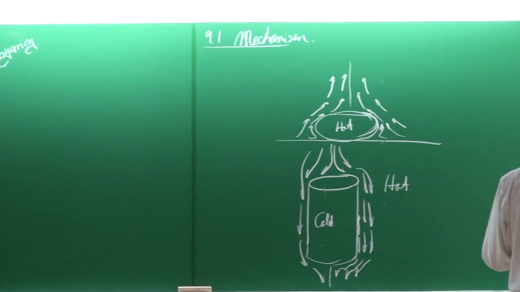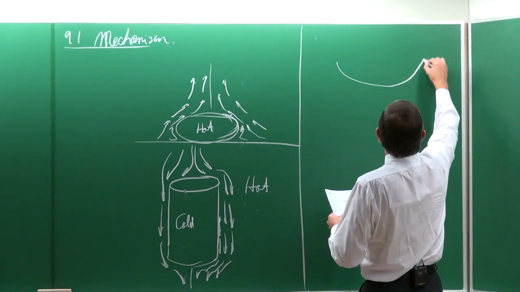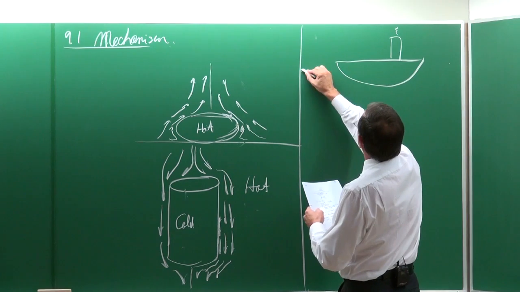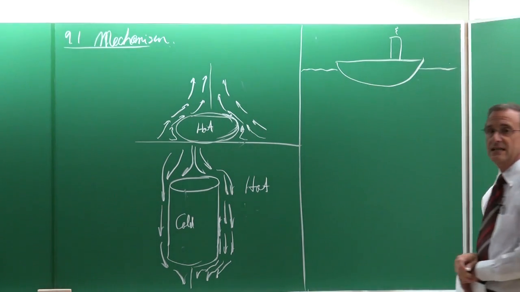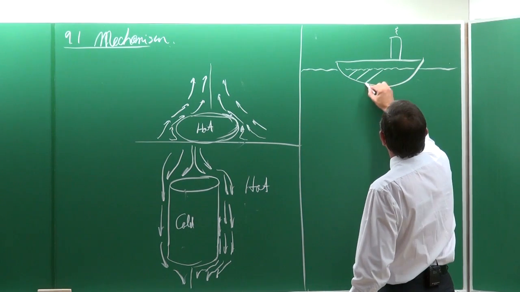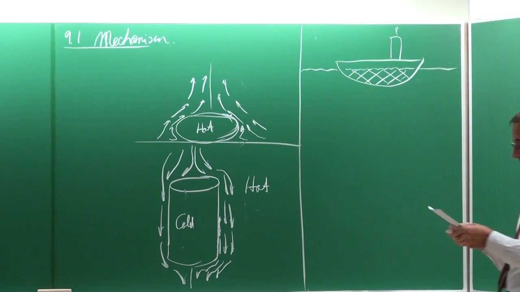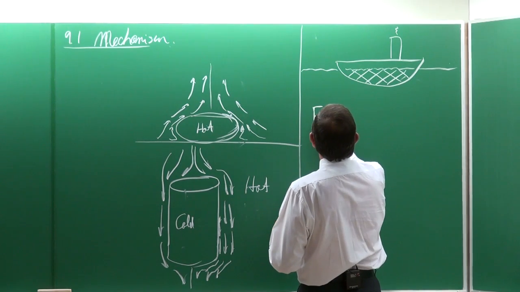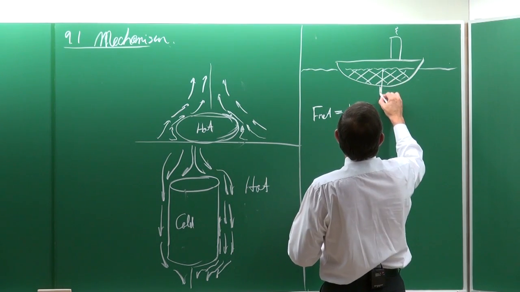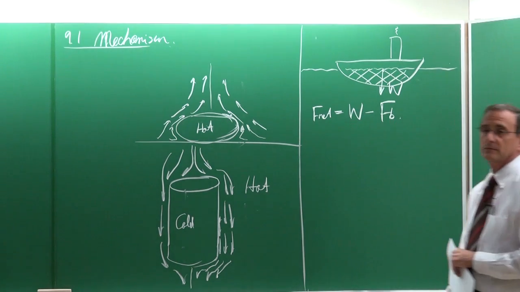You all did buoyancy of, for example, a ship. Here's the ship, and here's the water. It's in the sea, and this is typically the water that is being replaced by it. Then you said that the net force is equal to the weight of the ship, W, minus the buoyancy force.